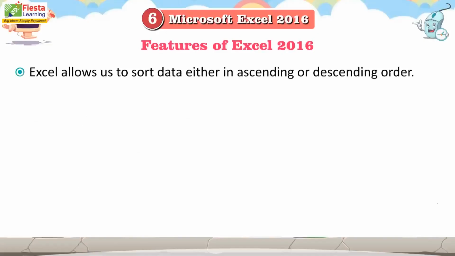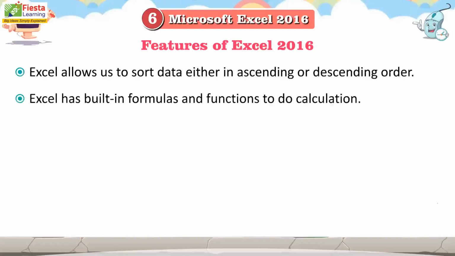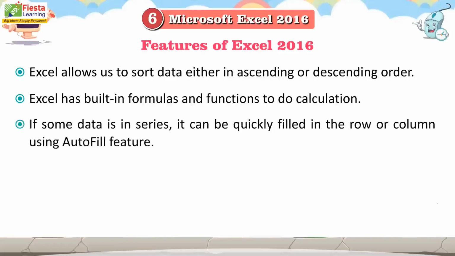Features of Excel 2016. Excel allows us to sort data either in ascending or descending order. Excel has built-in formulas and functions to do calculations. If some data is in series, it can be quickly filled in the row or column using the autofill feature.